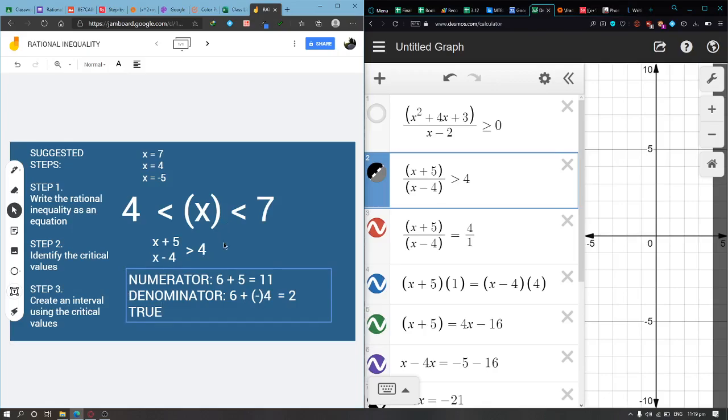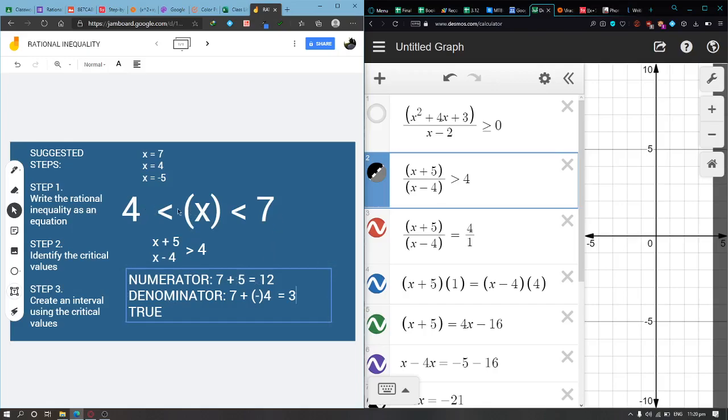Sir, what if we will use 7? So let us try to use 7. 7 plus 5 is equal to 12, and 7 plus negative 4 is equal to 3. So 12 over 3 is equal to 12 divided by 3, which is 4. And 4 is not greater than 4. So 7 is not included. Sir, what if greater than 7?